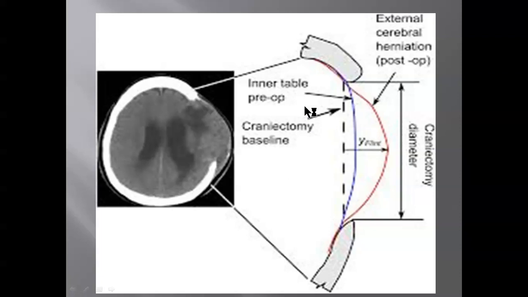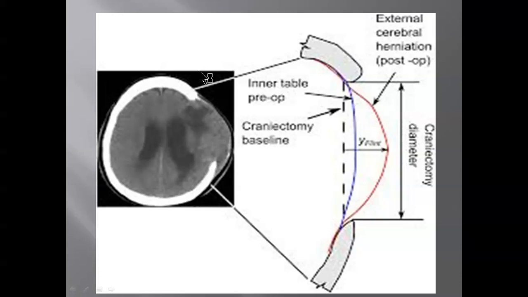So here we can see that's why the anterior posterior diameter should be as large as possible. Here's the bony flap, here's the bony margins, and here's the decompressive craniectomy. If it was too small, it could cause necrosis or ischemia of that herniating part.